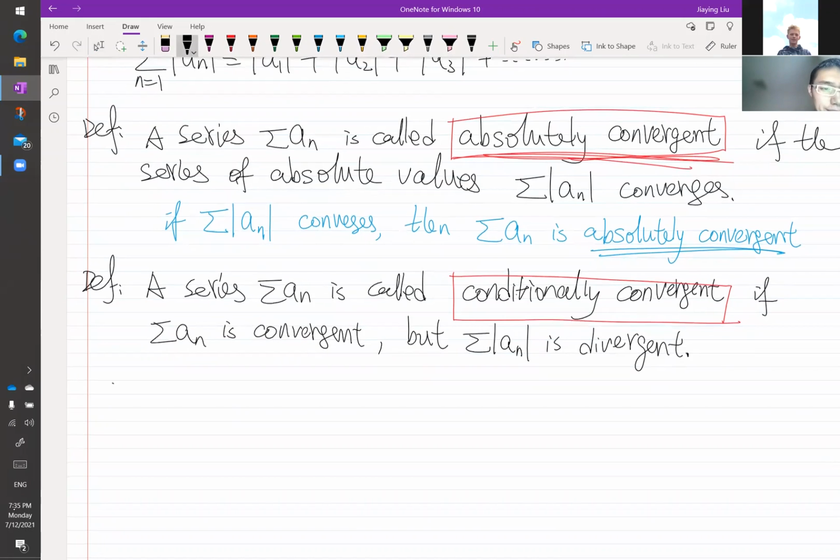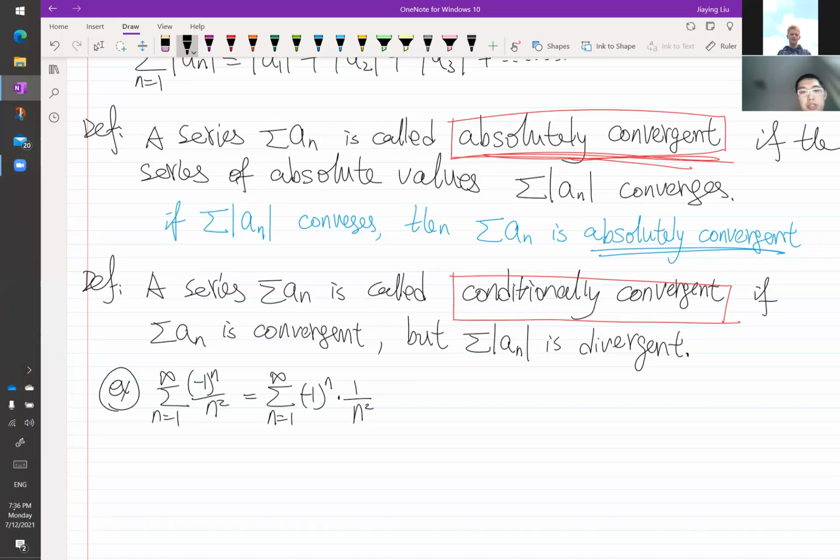For example, if we consider the series from 1 to infinity of -1 to the n divided by n squared. This one, I'm going to rewrite it. So that becomes n from 1 to infinity, -1 to the n times 1 over n squared.